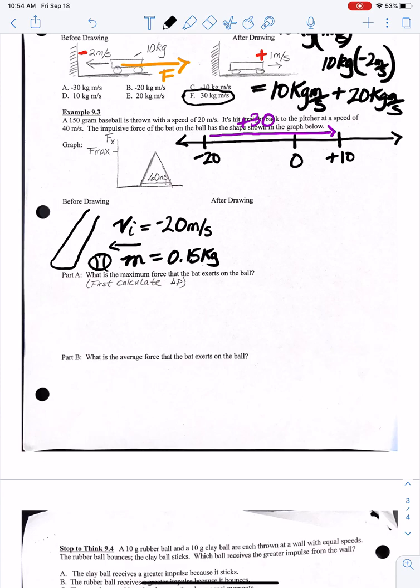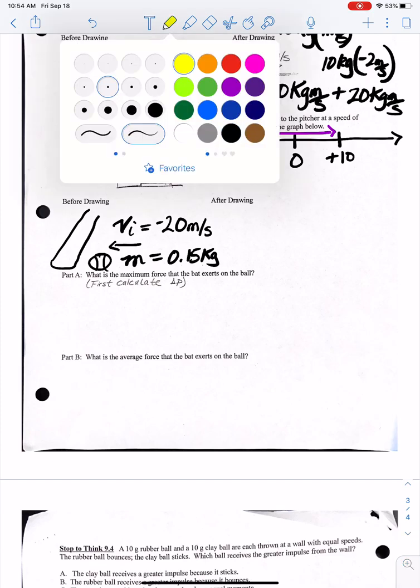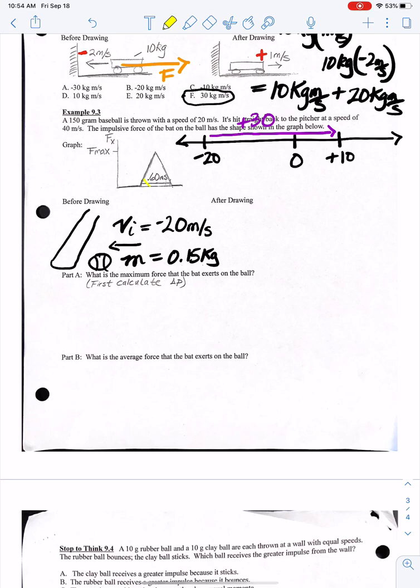Notice we have positive area, so that's why I wanted to have the ball being pitched left and then hit right, because the line is above the x-axis, so this area is positive.